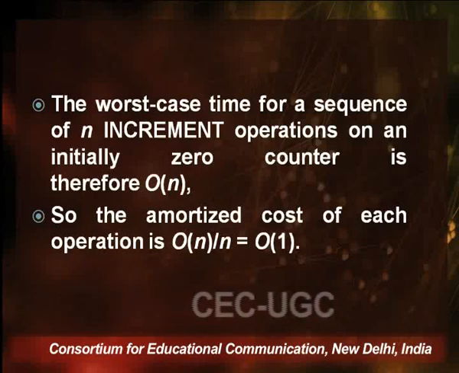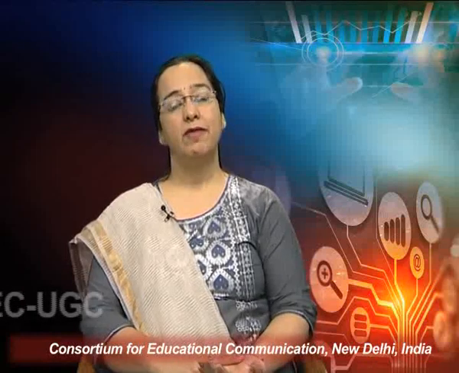So the amortized cost is order 1 for a single operation, because when we looked at the sequence of operations and at the binary counter closely, we observed that each bit is not flipped every time, and with that analysis a bit is flipped only once every 2 to the power of its position times.